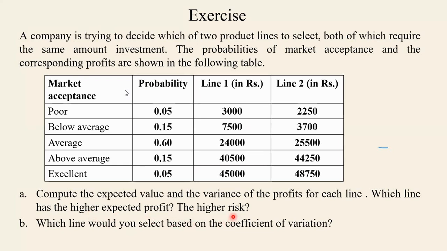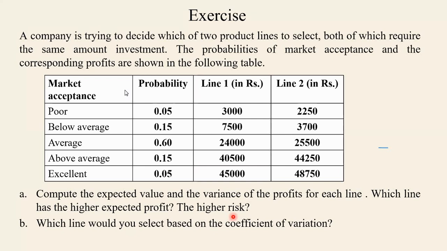Then for calculating the higher risk, that means there is more variation. Which line has more variation, that line has the higher risk. So how are we calculating the variations? By using the measure standard deviation or variance. Another measure is possible.